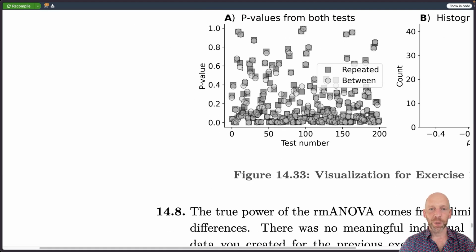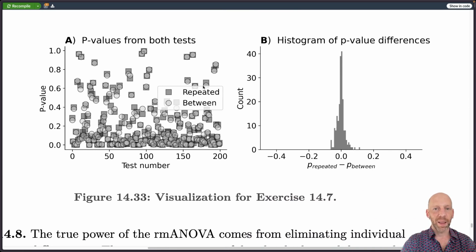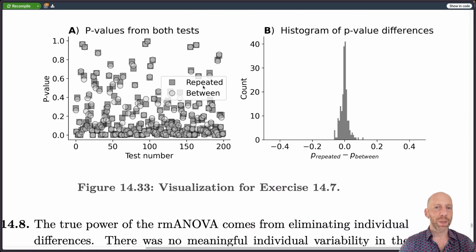And then I want you to plot them in a figure that looks like this. So here in panel A, we see the p-values from both tests for repeated and between. And you can see that these are not identical, but they are very, very similar. Here you see a histogram of the differences. So this is the p-value for repeated minus the p-value for between.